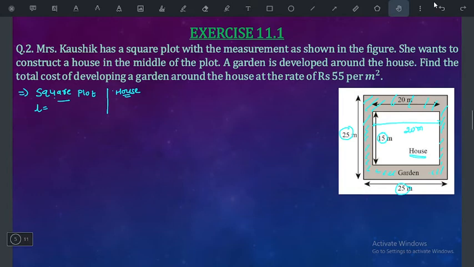So here it is a square plot of 25 meter side, and for the house L2 is 20 meter and breadth equals 15 meter.